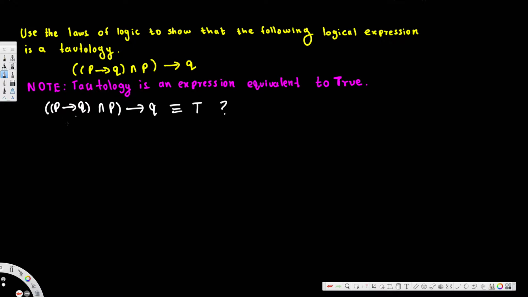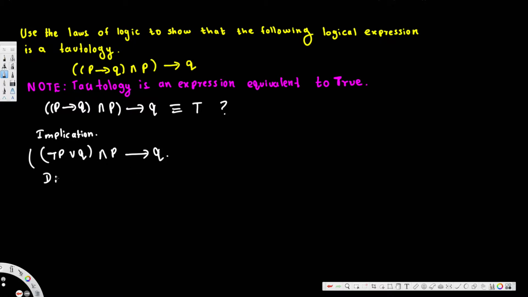This is our purpose. Now the first thing is I'm going to use the implication law. Implication law says when we have an implies, it can be rewritten as not P, and the middle one changes into or, and we will have Q. This is what implication law says, and the other one remains the same, P, Q. Now the next thing is we can use the distributive laws.